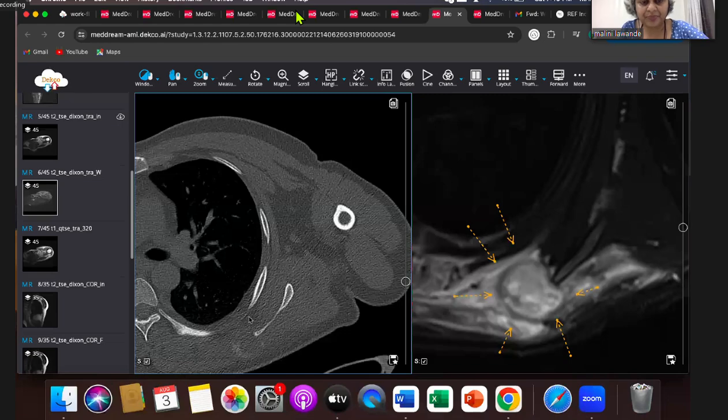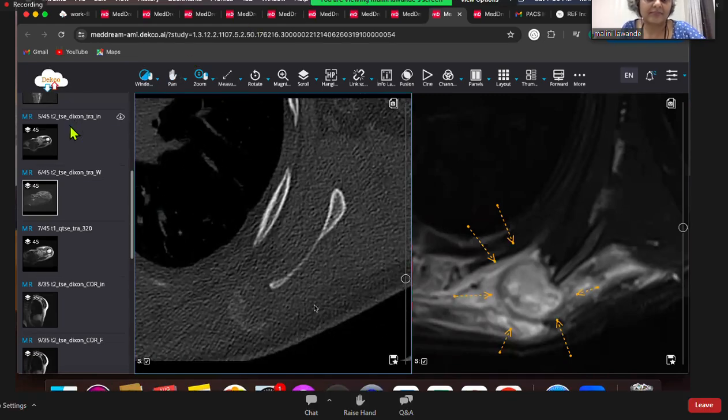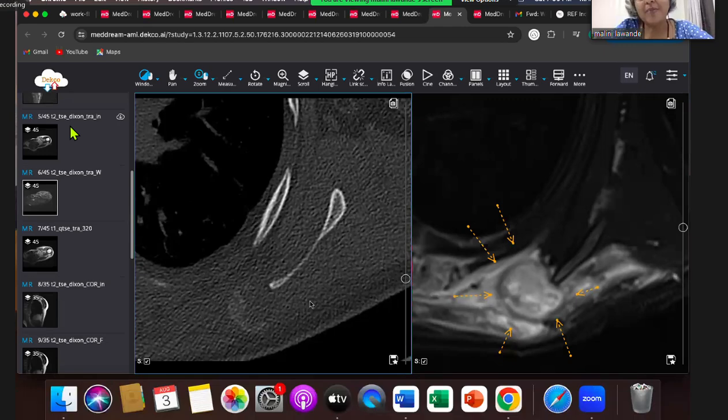Yeah. Can you see this here? So remember, when you have a lesion where the edema is disproportionate, look very carefully at the lesion. If that lesion has a hypointense periphery on both T1 and T2 weighted images. See, the minute I showed CT, all of you could diagnose very easily.